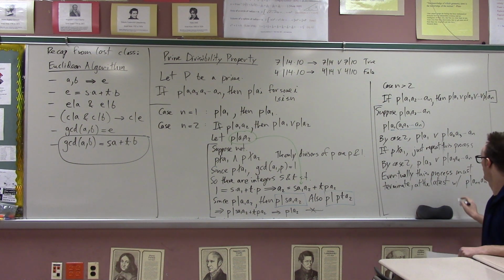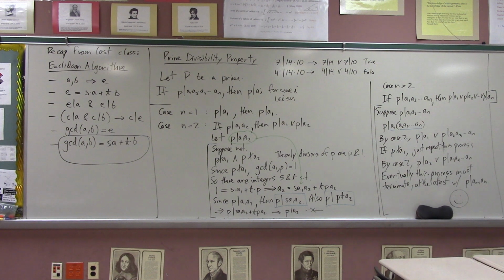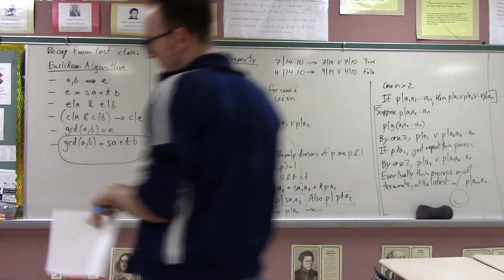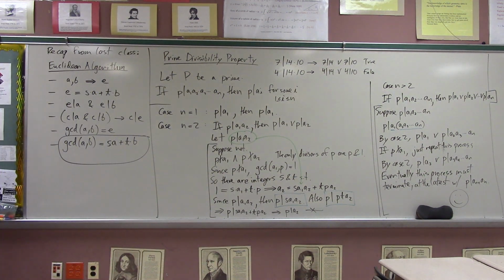All right, so that's pretty good. All right, there it is, the prime divisibility property in all of its glory, and we'll use this a couple of times. You already used this on your homework.